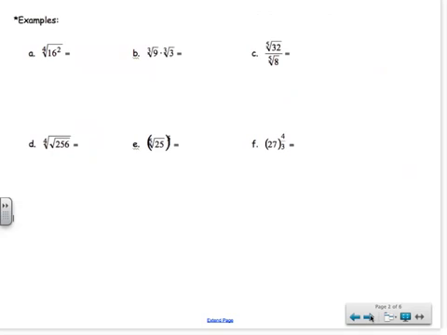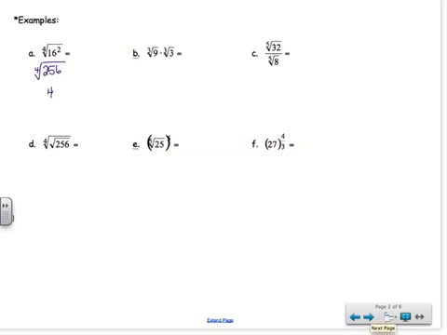In this first one, we're taking the fourth root of 16 squared. If you don't know 16 squared off the top of your head, there are a couple of different ways you can do this problem. You could do 16 squared and get 256, and then take the fourth root of 256 and get 4.